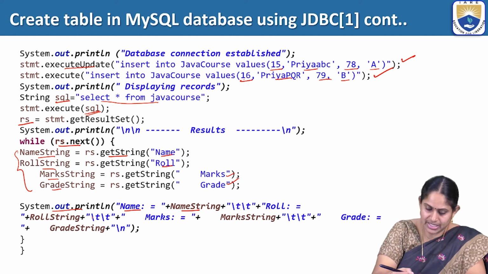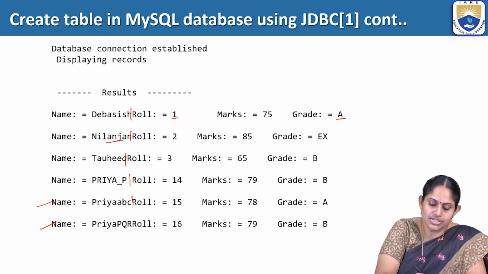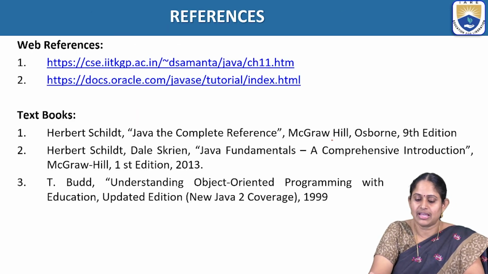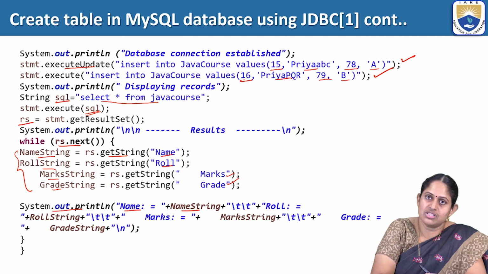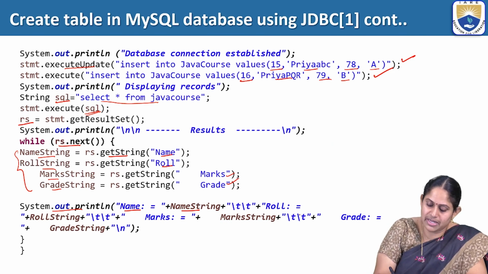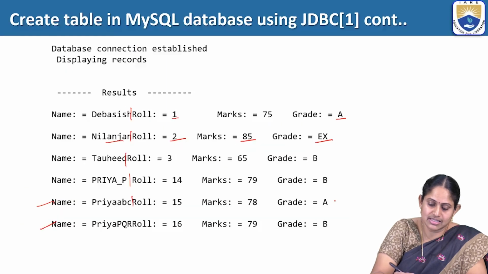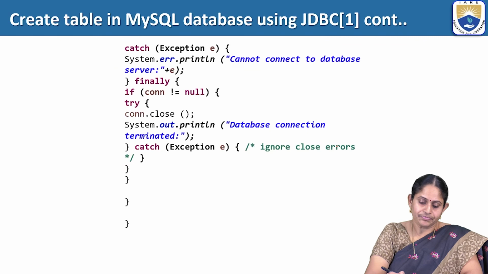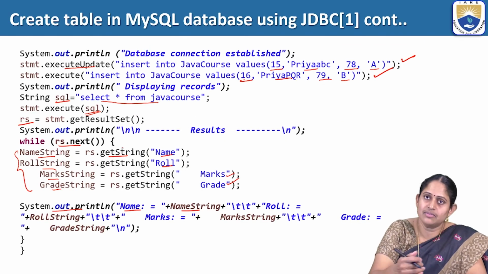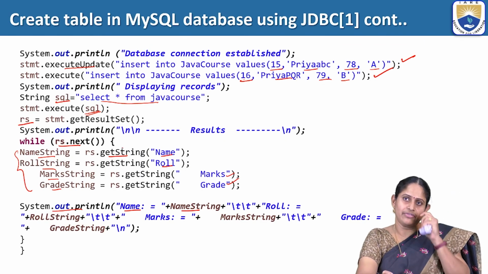It will retrieve Nilanjan, roll number 2, marks 85 and grade X. So the second row is being retrieved and displayed using this statement. We get the full row displayed. Likewise, all the values were retrieved, of which there were 5 rows in that table.